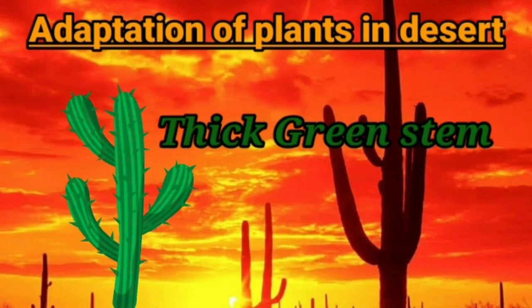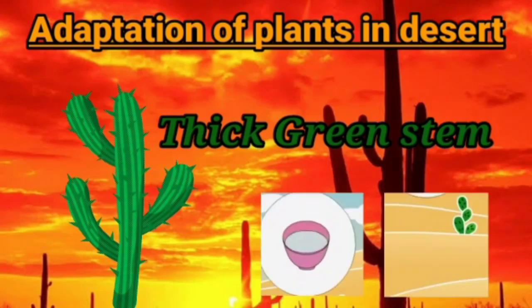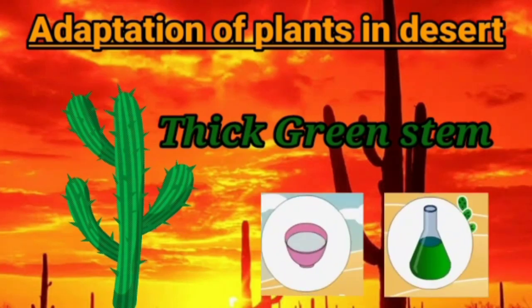Why does this cactus plant have a thick stem? Before I answer this question, let me ask you a question. If we keep water in these two containers in sunlight, from which container will water evaporate faster? Yes, water will evaporate faster from the bowl because the bowl has more surface area.